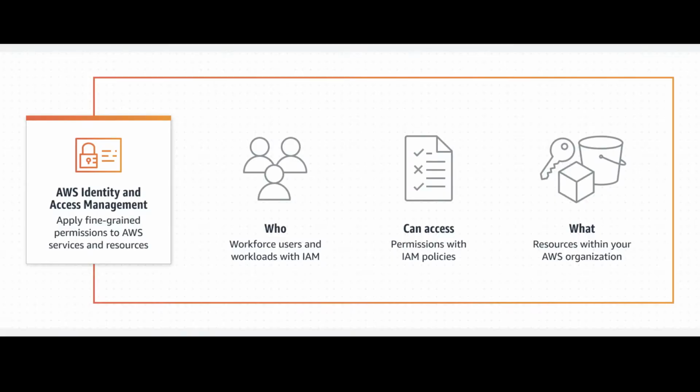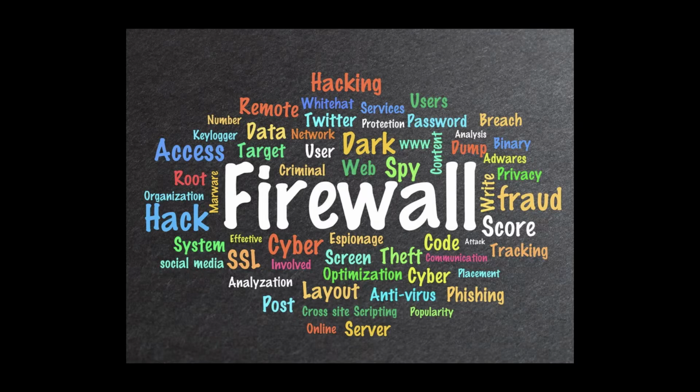IAM is how you create sub-accounts within your root AWS account, and you create these sub-accounts with limited or narrowed permissions. The more you use cloud platforms, the more you leave the option open for people to share or compromise your AWS accounts. In the case of compromise, you want to mitigate the amount of financial repercussion or data loss.